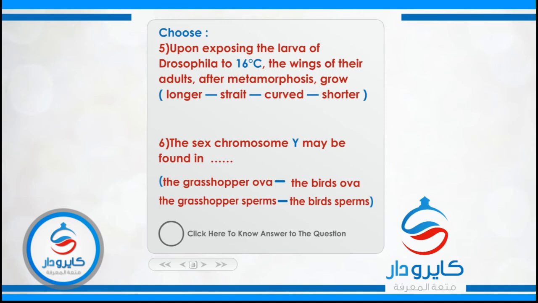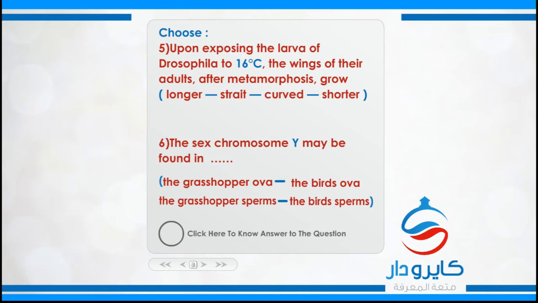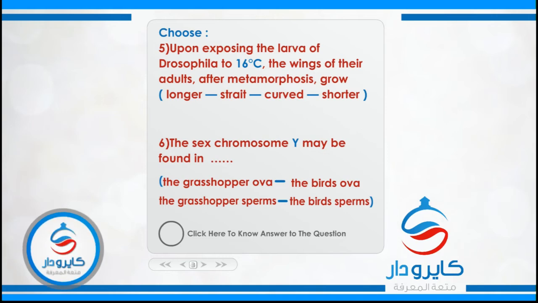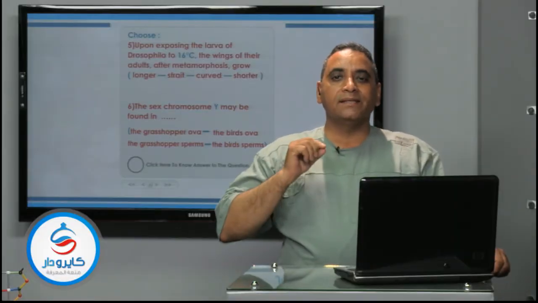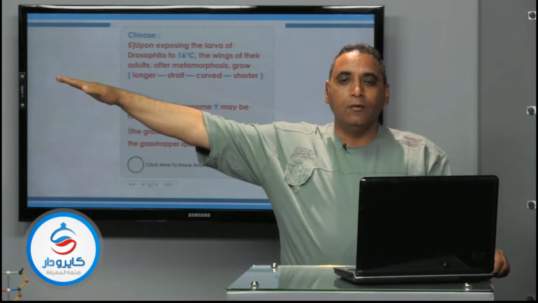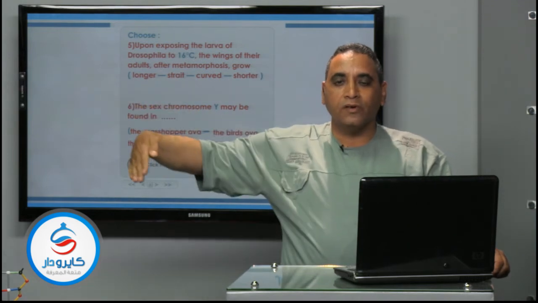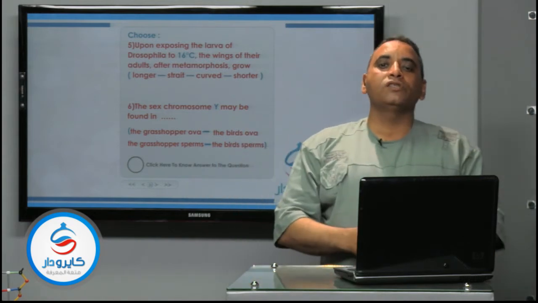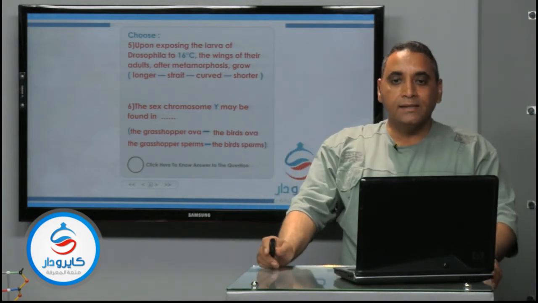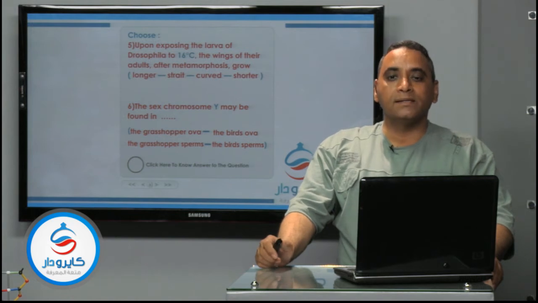We understand that the wing formation or the shape of the wings depends on the temperature around the larva or the ovum inside the test tube. So if the temperature surrounding the test tube, which contains the ovum or the larva, is 16, the wings will be straight. But at temperature 25, they will be curved. So the question asks about the temperature 16 degrees Celsius, that's the straight wings.